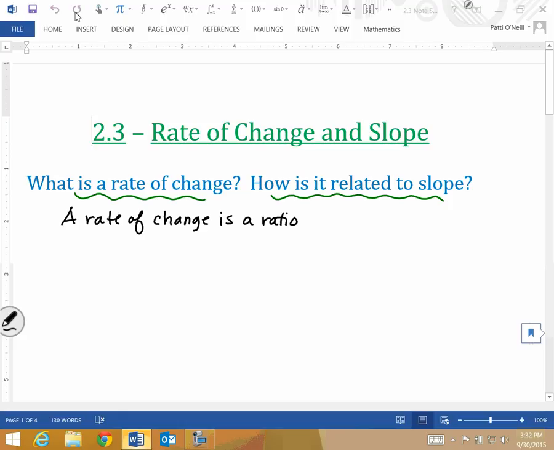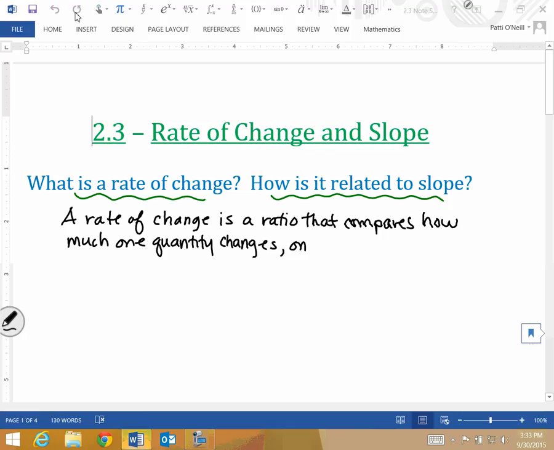Ratio is a fraction, basically, that compares how much one quantity changes on average relative to the change in another quantity.